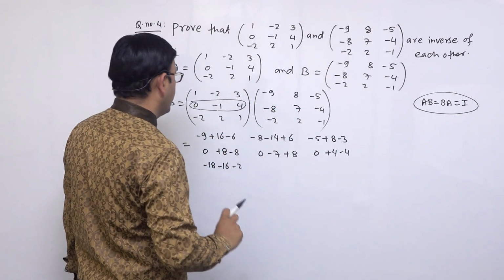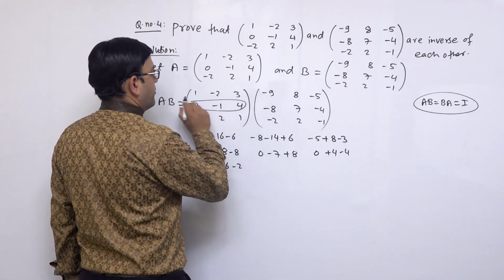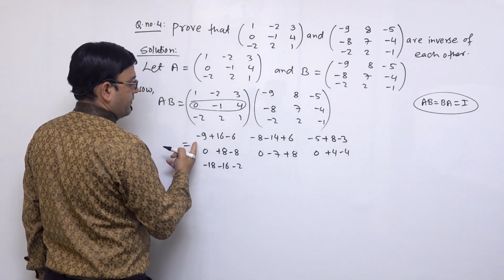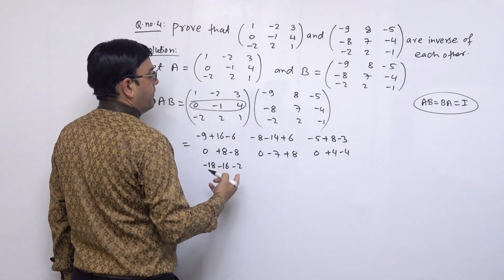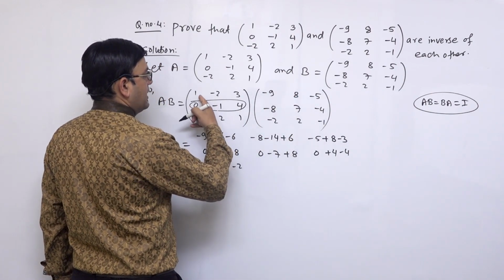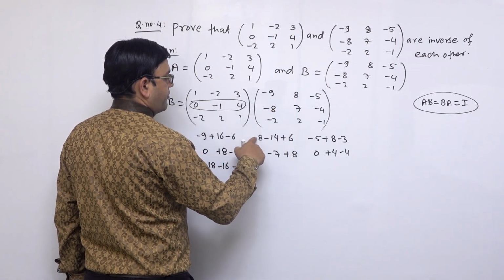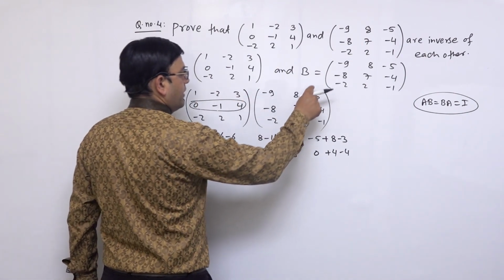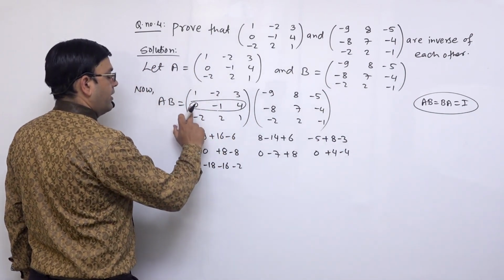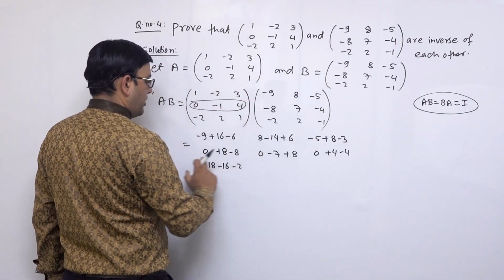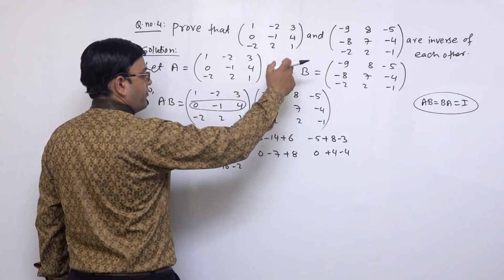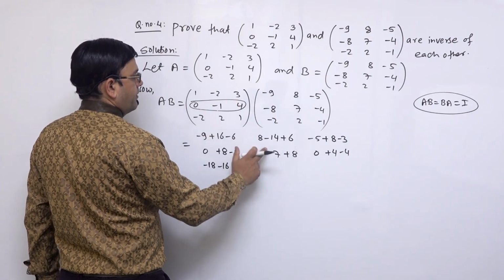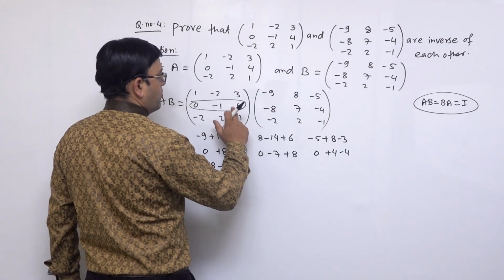When it became 8, we multiplied the first row by the first column, and similarly the first row by the second column, 1 times 8 is plus 8. And then we multiplied the first row by the third column, then again the second row by the first column, and the second row by the second column. Look, 0 times 8 is 0, and then again -1 times 7 is -7. 4 times 2 is 8.